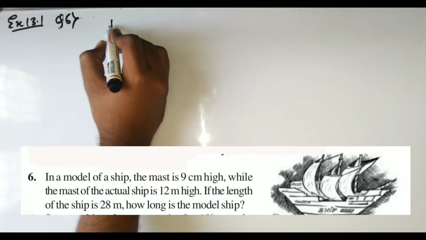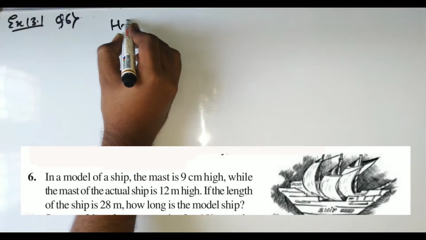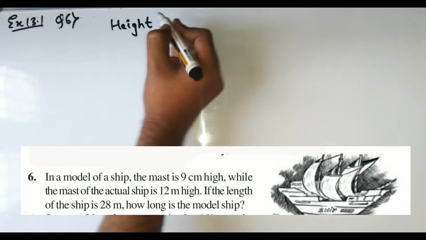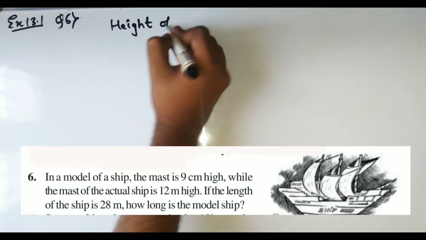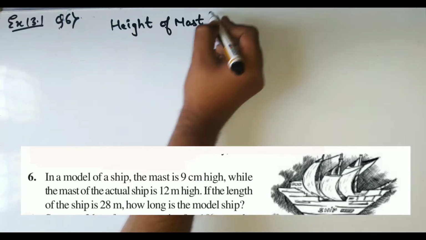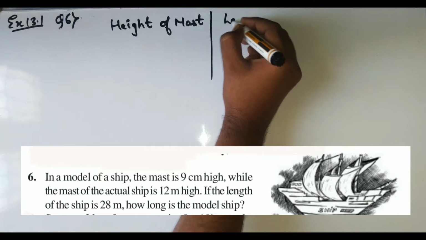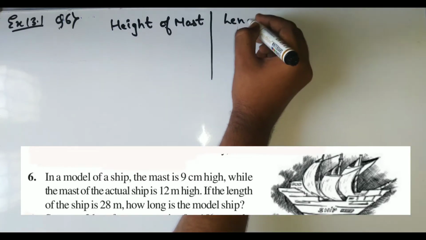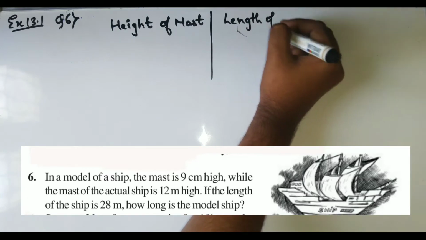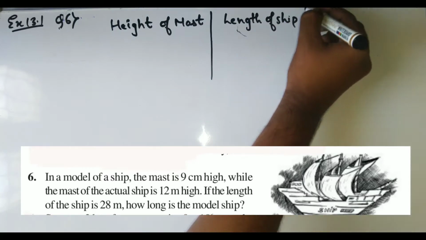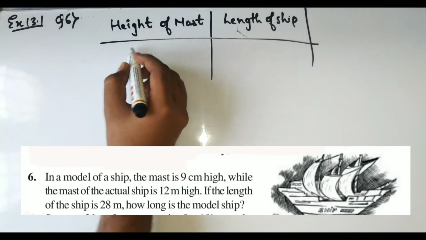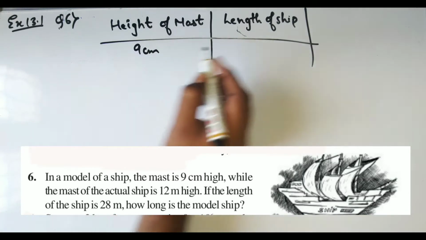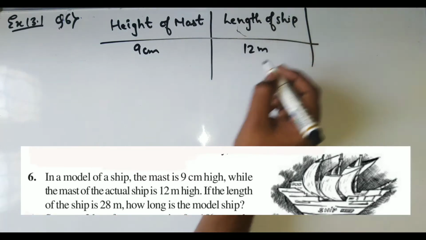So we need to find the height of the mast. So we'll write the table so as to understand height of mast and length of ship. Now height of mast is given as 9 centimeter, so the length of ship is 12 meter.